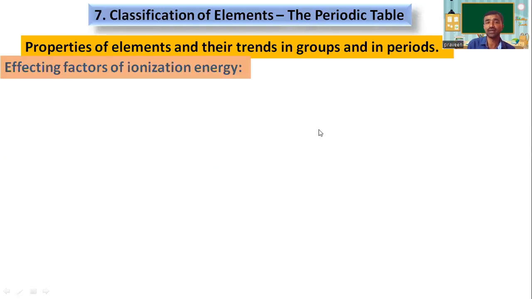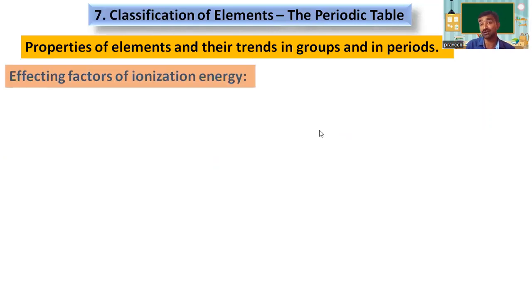Next, there are also factors affecting ionization energy. What are they? Just now I said nuclear charge and atomic size. They affect the ionization energy. If atomic size is decreasing, ionization energy increases; nuclear attraction power increasing, ionization energy also increases.